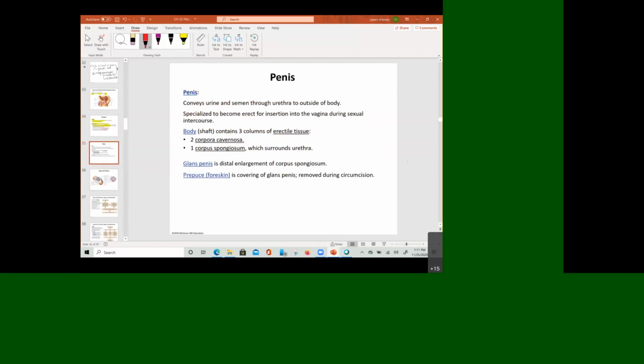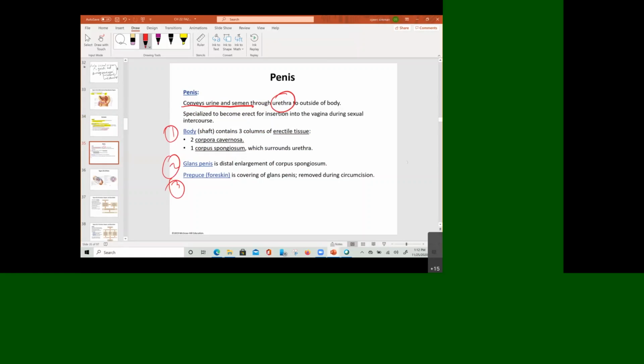Penis, again, the penis conveys both urine and semen through the urethra, as opposed to the female urethra, which only conveys urine, okay? Now, the penis has a specialized erectile tissue, and it consists of 3 parts: body, which is the shaft, glans penis, and the foreskin.